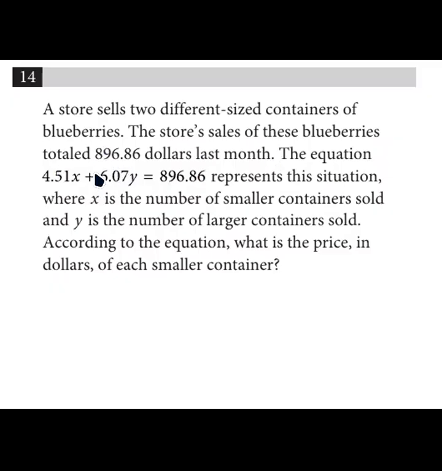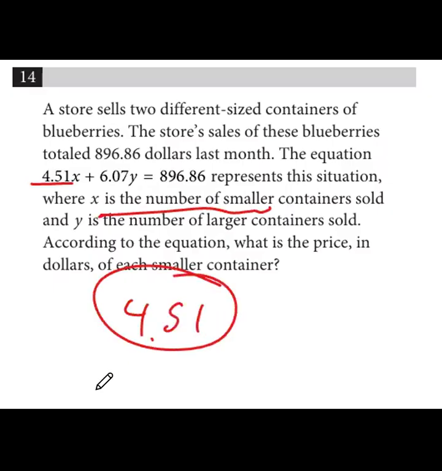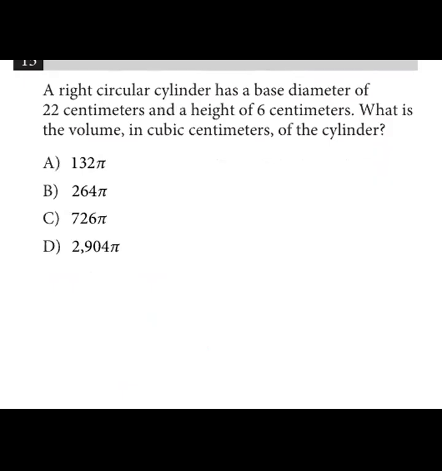Sales are shown with an equation, where x is the small containers sold and y is the large containers sold. What is the price for each of the smaller containers? Well, smaller containers are in this x, so the price would be 4.51. And then question 15.